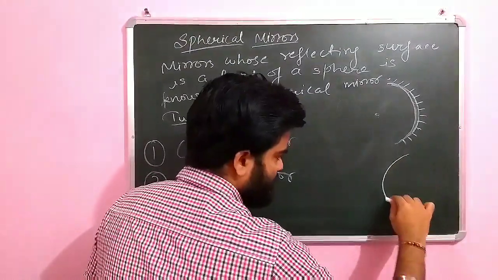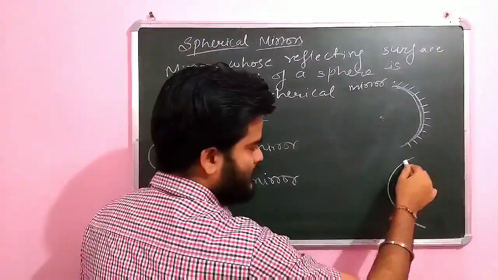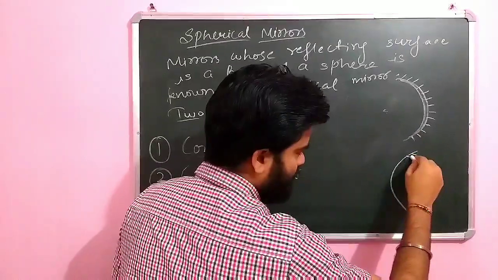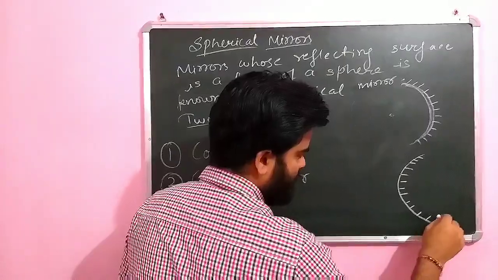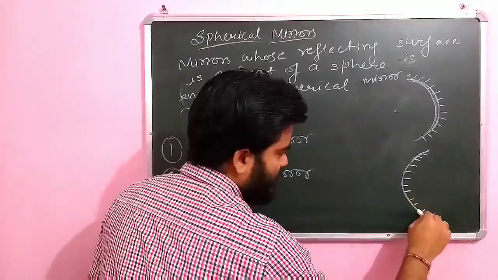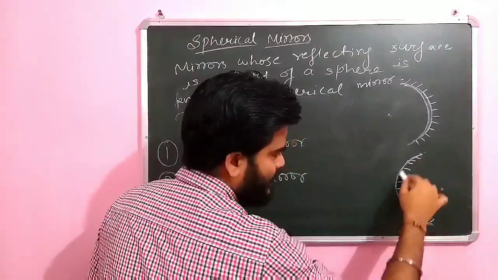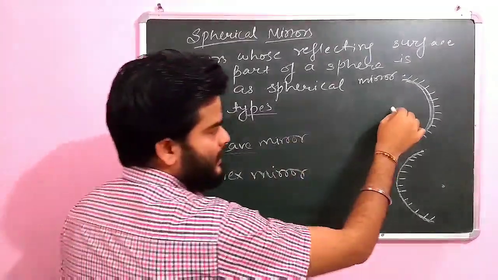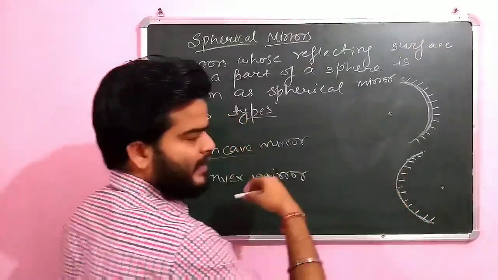And if the reflecting surface is curved outwards, means बाहर वाली surface जो है वो क्या है? Reflecting. तो अंदर वाली को कैसा होना पड़ेगा? It must be polished surface. So if this is the case, sphere will be this. It means reflecting surface is behind the center. In this case it is facing the center and in this case it is behind the center.